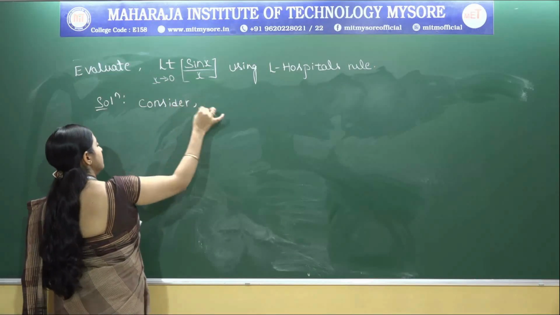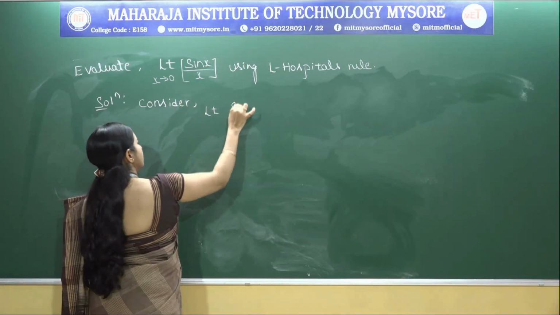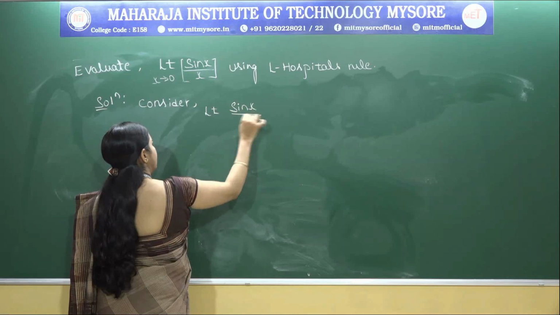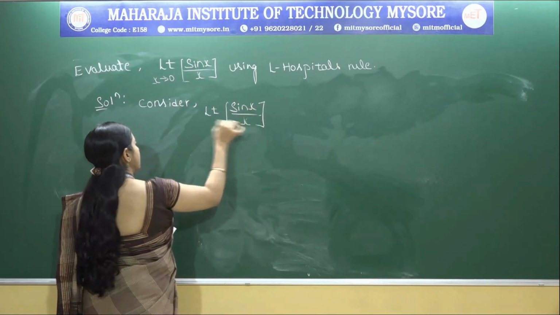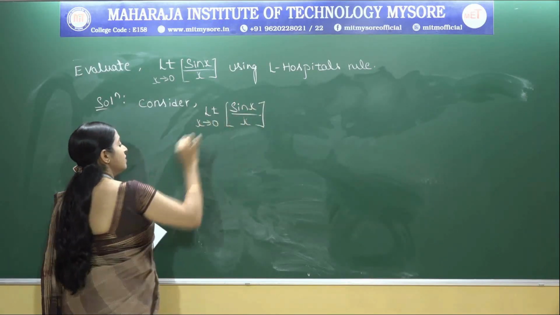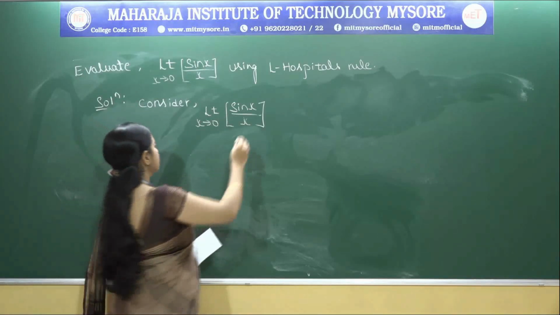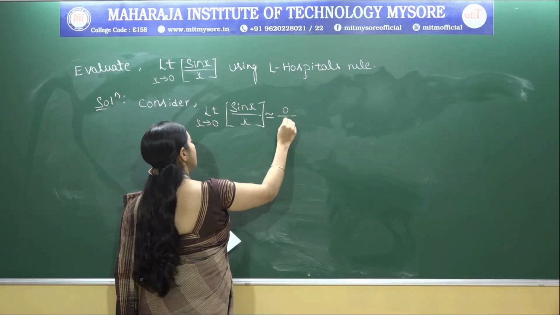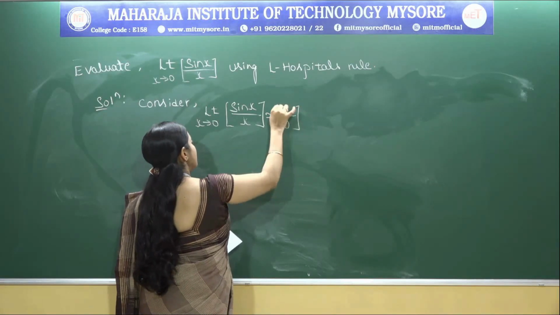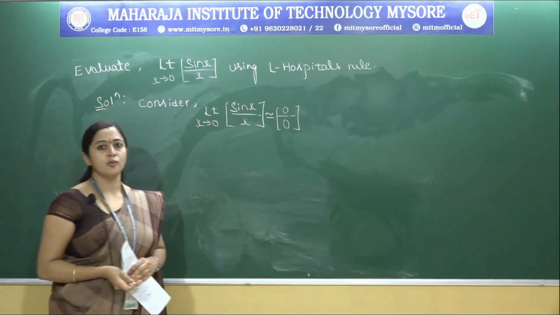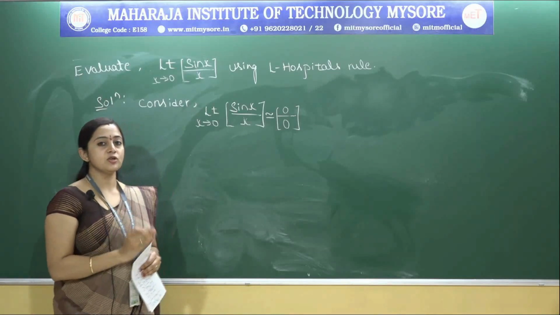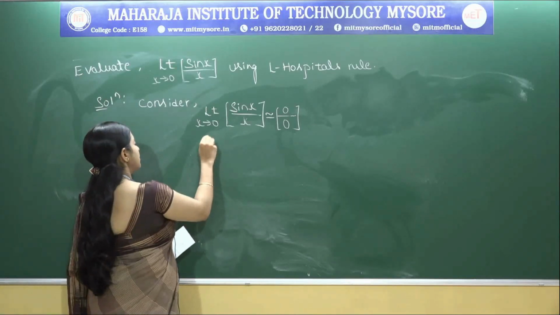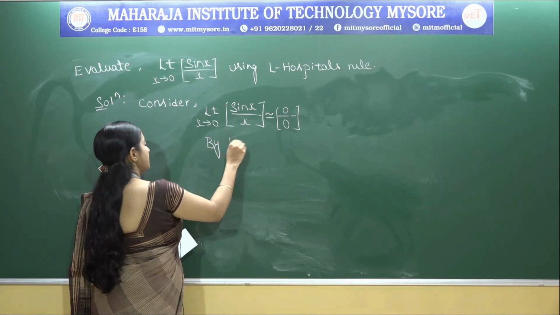Consider the limit of sin x divided by x as x tends to 0. First you apply the limit. Since sin 0 equals 0 and the denominator equals 0, it is the 0 by 0 form. Then you can apply the L'Hospital rule, that is, differentiate the numerator and denominator separately.